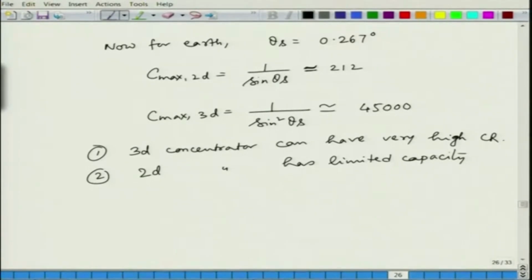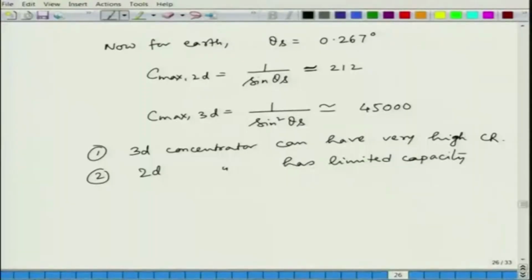So, in reality you cannot get beyond 50. Okay. And for a 3-dimensional concentrator, the theoretical limit is 45,000. So, you can go well above 2000, 3000, you can go easily to that level. Okay. So, if you really want to have some serious concentration, you have to go to a 3-dimensional concentrator.